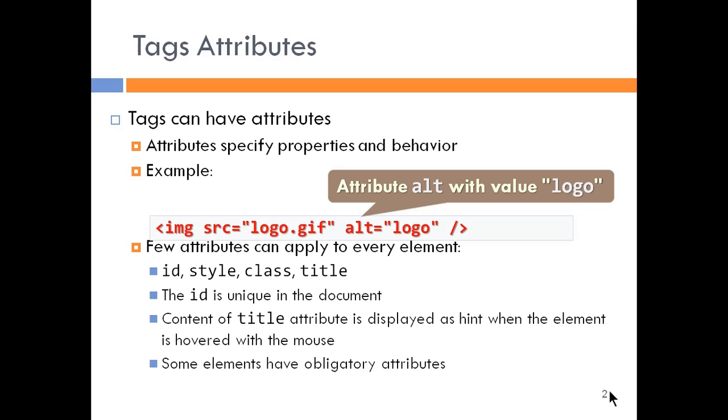It means you can see when you move your mouse to some of the icons on your desktop, it shows some kind of information about that icon. In the same way the title works for a web page. Then some elements have obligatory attributes. Keep this in mind. Some elements have obligatory attributes.